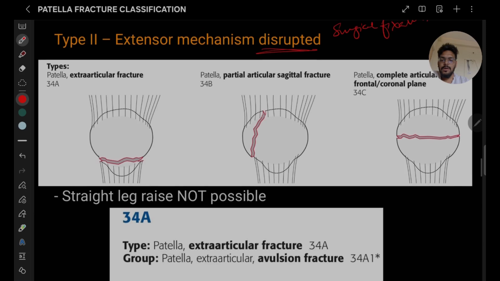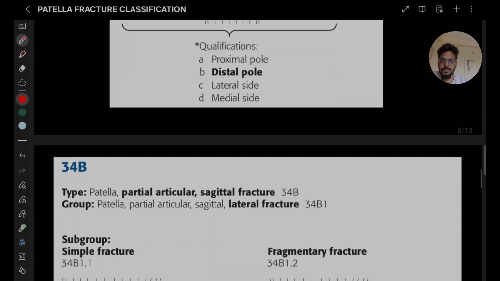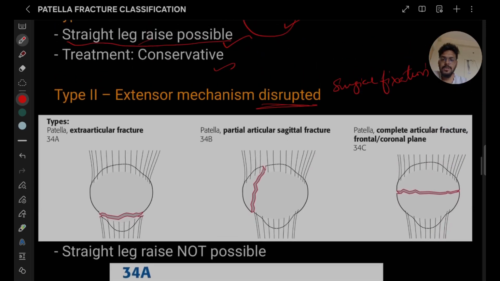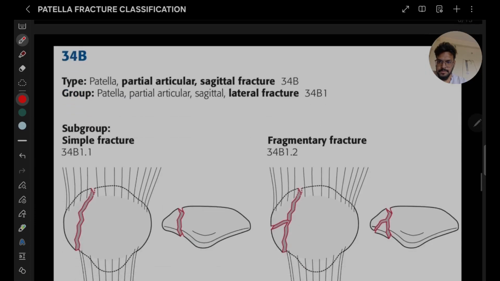Coming to the AO classification. The AO classification system is an alphanumerical classification, and the number for the patella is 3, 4.